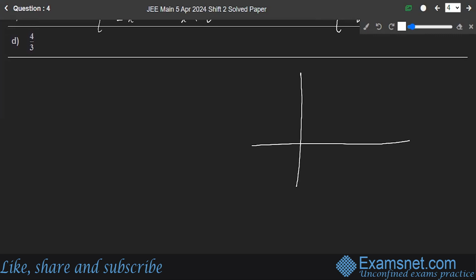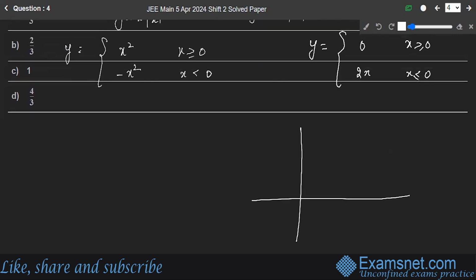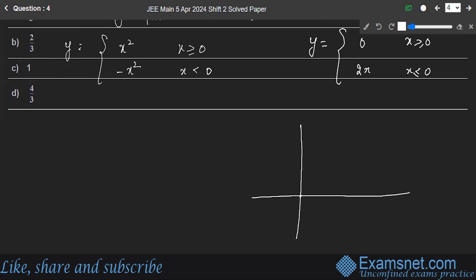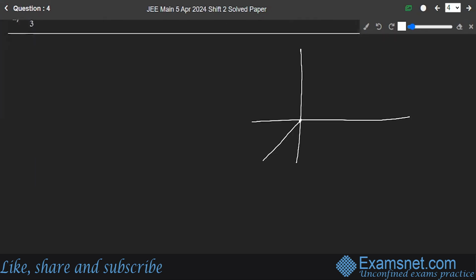First of all, it will give me a 0 over here, and this is y is equal to 2x. This line is y is equal to 2x. And another one, you have y is equal to x square or minus x square. For x square, it goes like this when y is equal to x square. And for minus x square, it will go something like this.